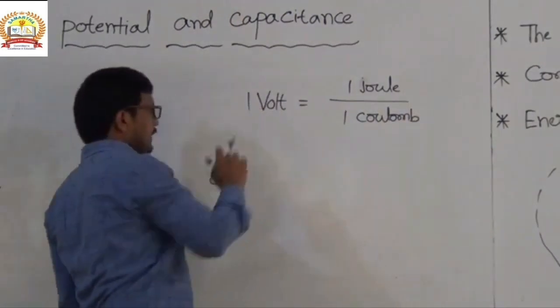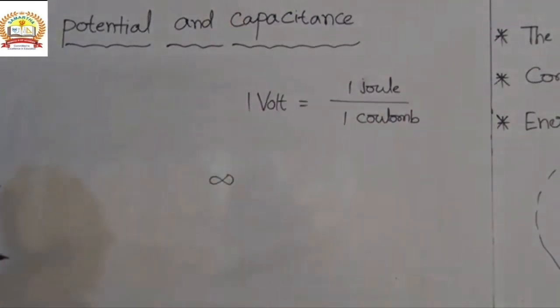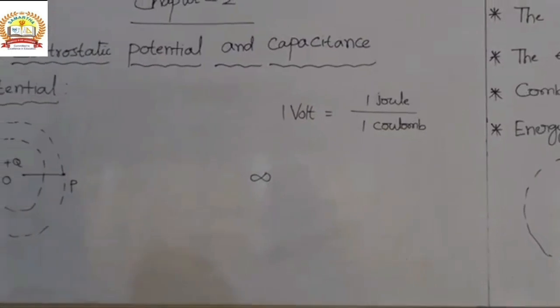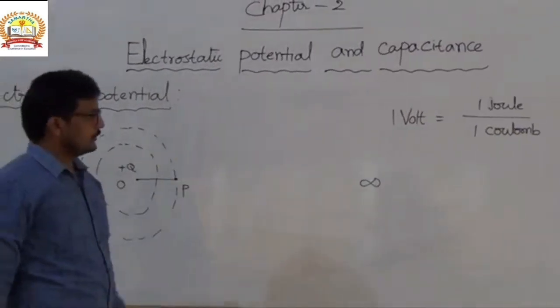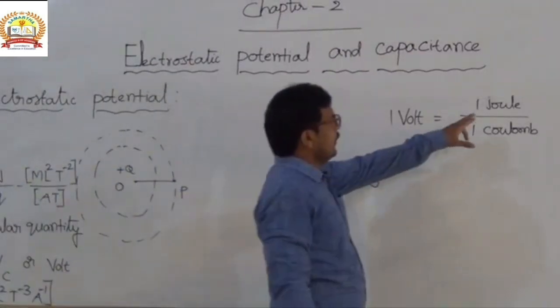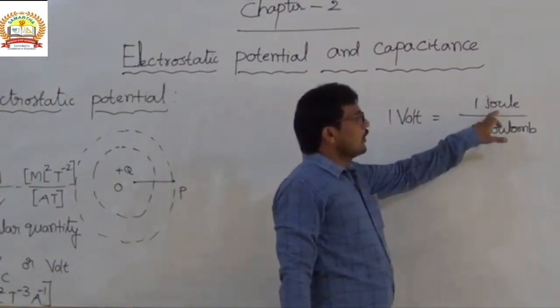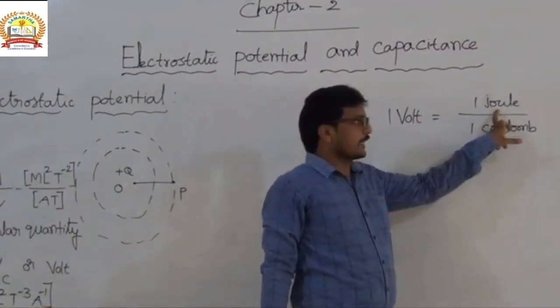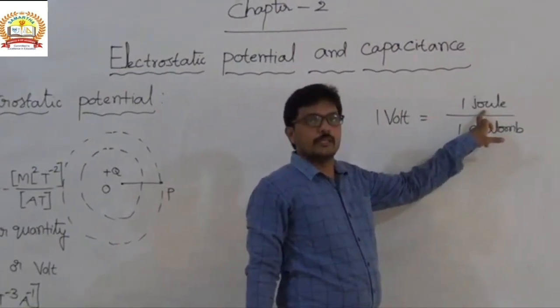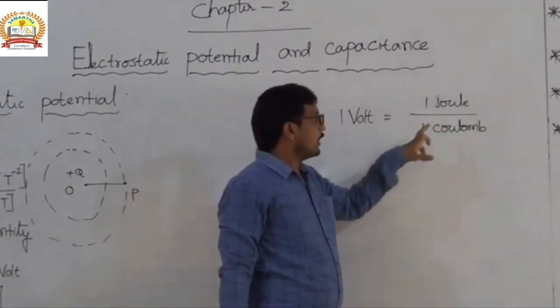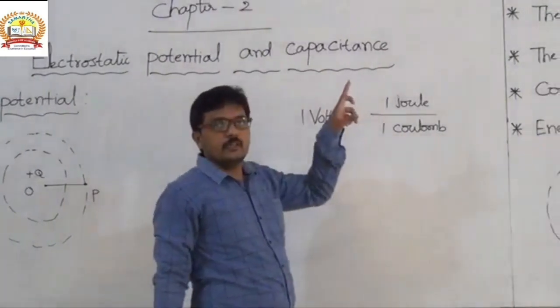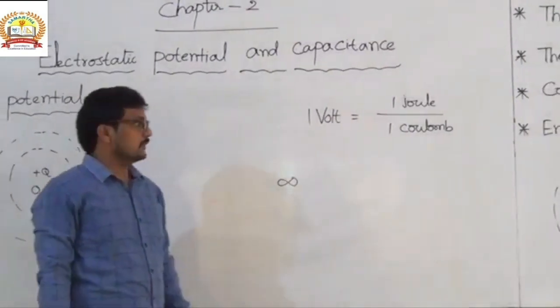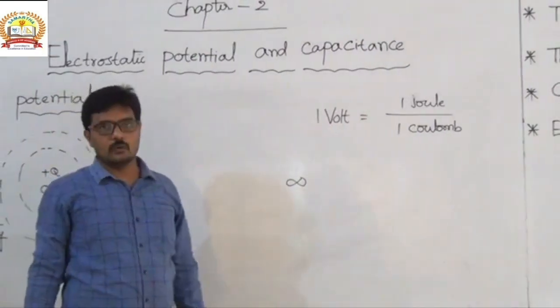So we can define the volt as follows: the electrostatic potential is said to be 1 volt when 1 joule of work is required to bring 1 coulomb of charge from infinity to the given point.